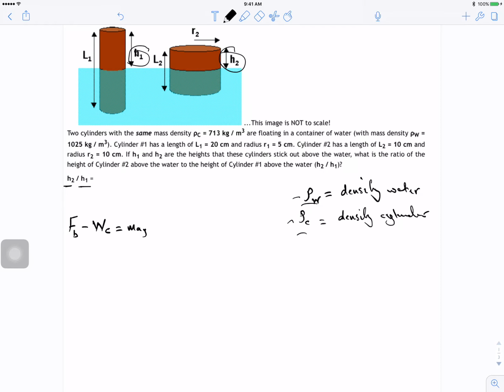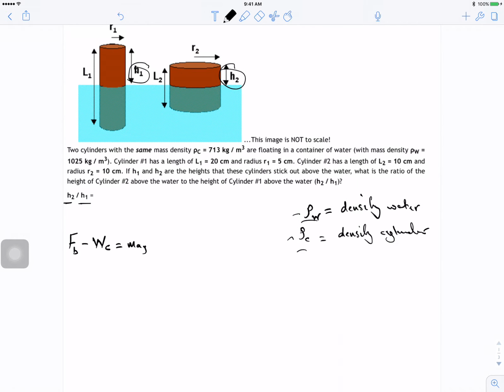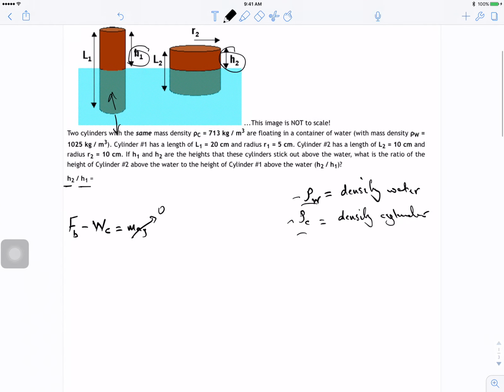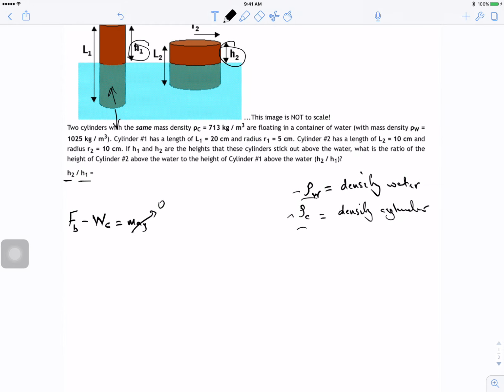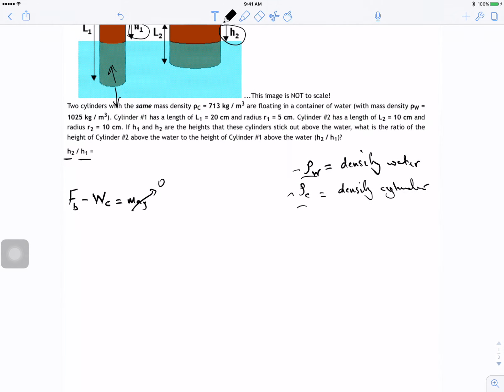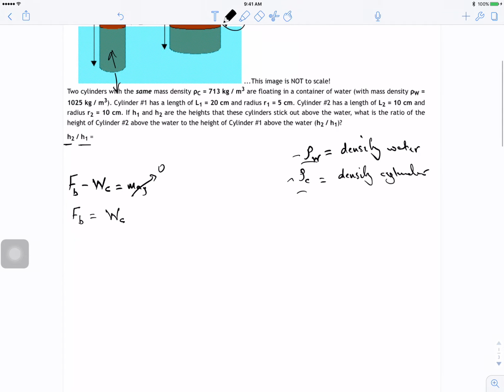The buoyant force is acting up. The weight of the cylinder is acting down. So the summation of them is ma. But since the two cylinders are not in motion, static, we can say that ma equals 0. So that means the buoyant force is going to equal the weight of the cylinder.